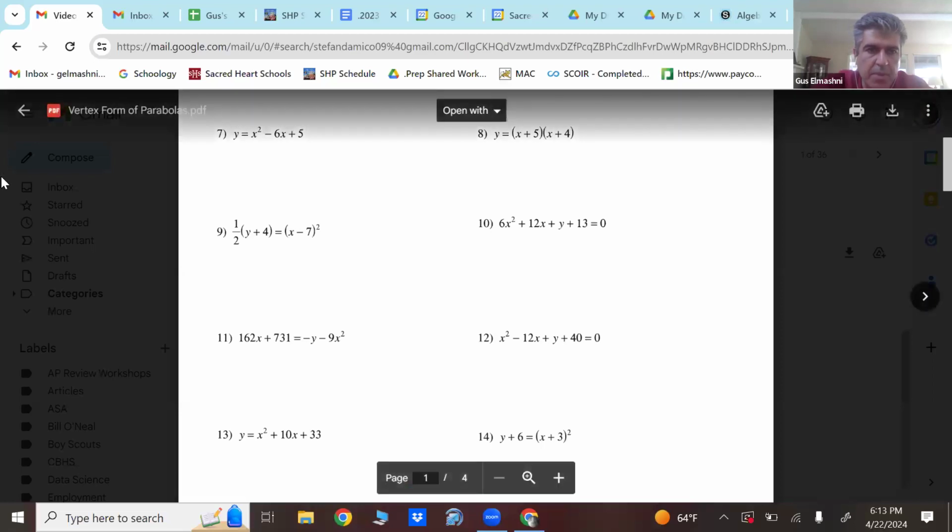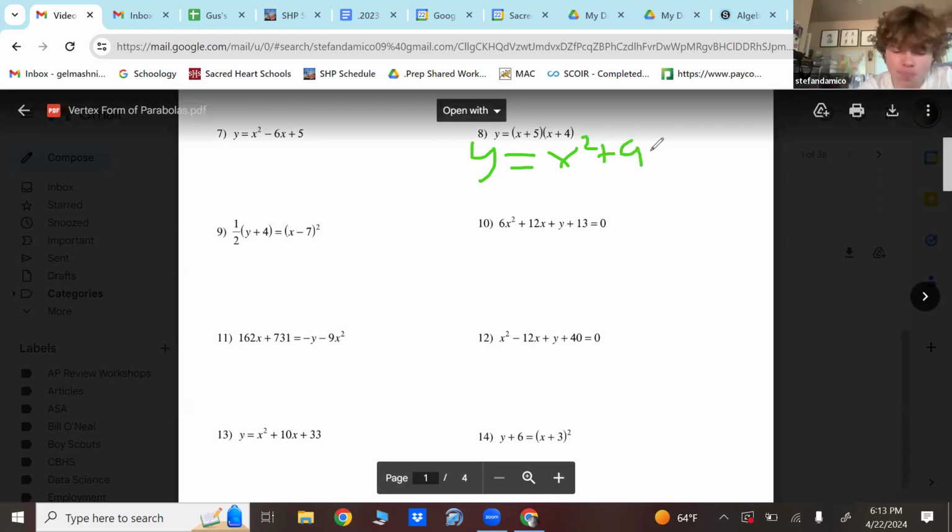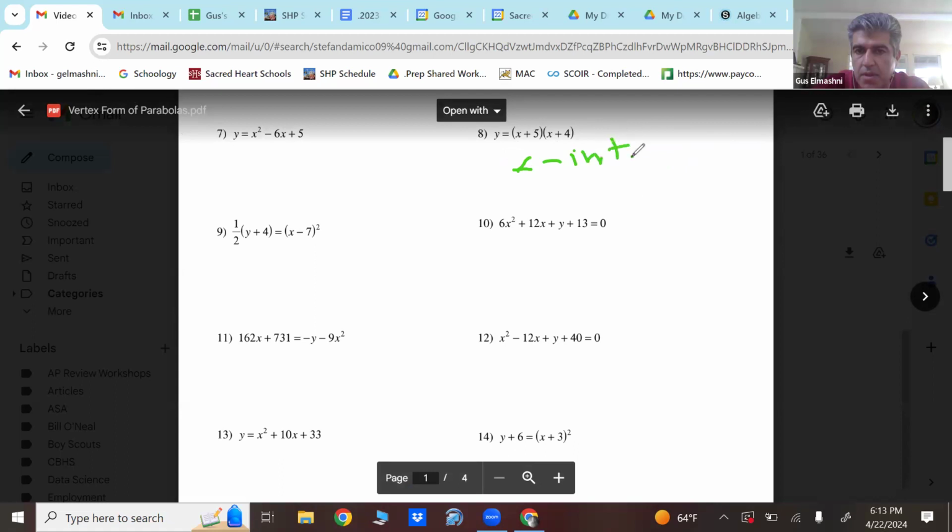But for number 8, for example, you could rewrite it like this, and then do the negative b over 2a. Another way you could look at it is that the x-intercepts are negative 5 and negative 4, so halfway between is negative 4.5. And then you plug back in to get the y coordinate of the vertex.